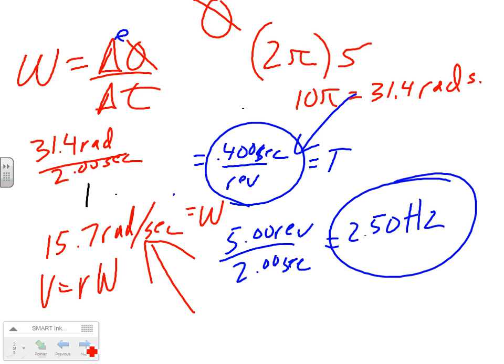So 1.5 meters, that's the length of our rope, times 15.7 radians per second. And we're going to end up with 23.6. Now again, it looks like our units are going to be meters times radians per second. But we're talking about linear stuff here, not circular stuff. So we drop the radians, and our answer, 23.6 meters per second.